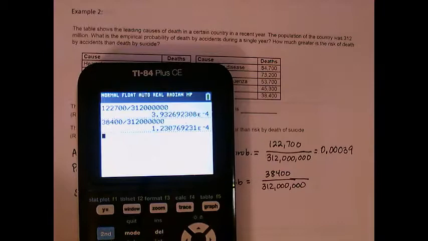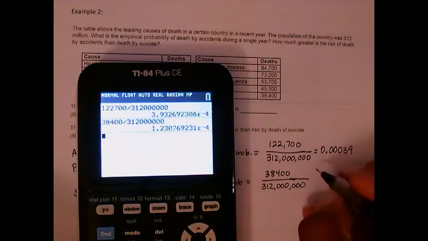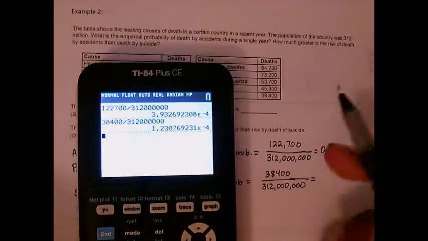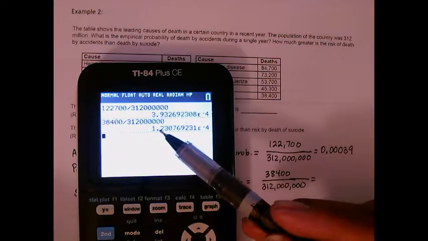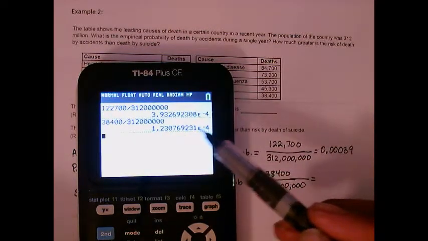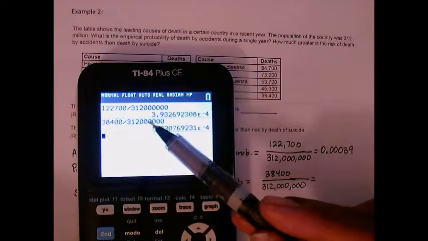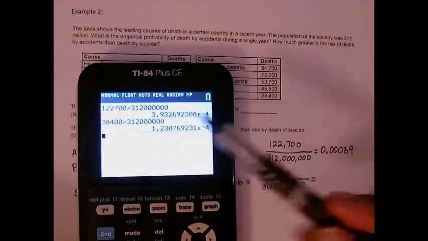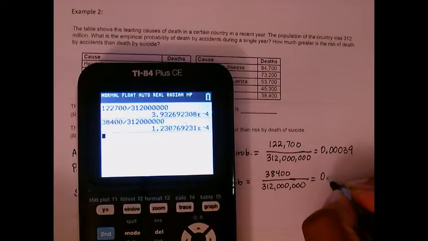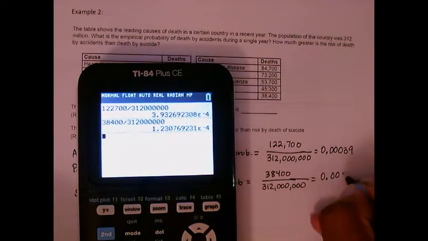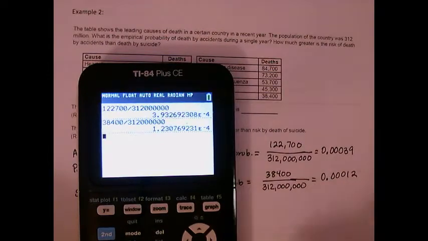Yeah, and this also gives me an answer in scientific notation. Here I need to move the decimal point 4 places to the left because of the e to the negative 4. So here I only got room for 1, so I know I'm going to need 3 zeros in front of that 1. So it'll be 0.00012.